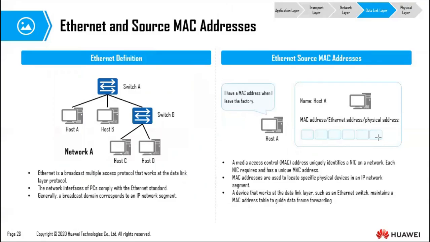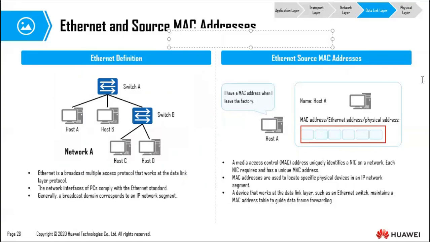Now, the MAC address is normally written in 6 groups of 2 hexadecimal digits, separated most of the time by a hyphen.